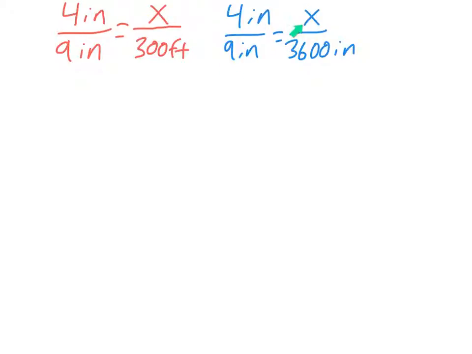So 9 times x will give us 9x, and then 4 times 3,600 is 14,400. Then to solve for x, we divide both sides by 9.